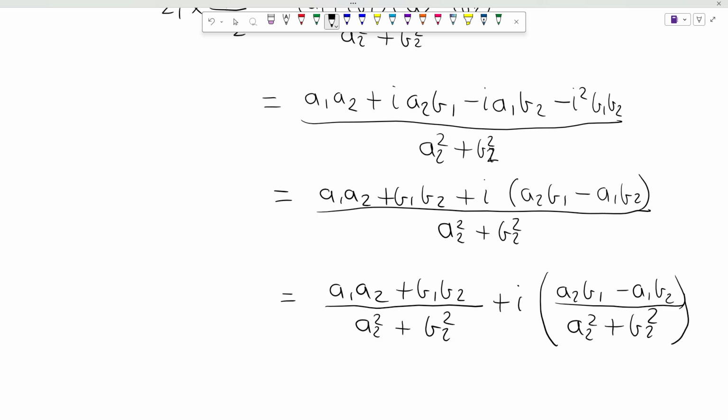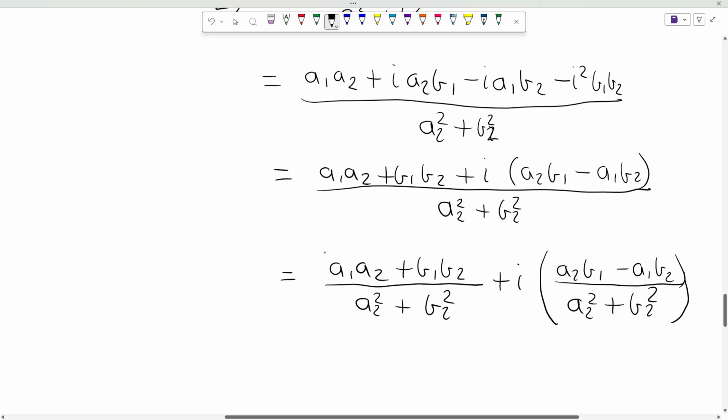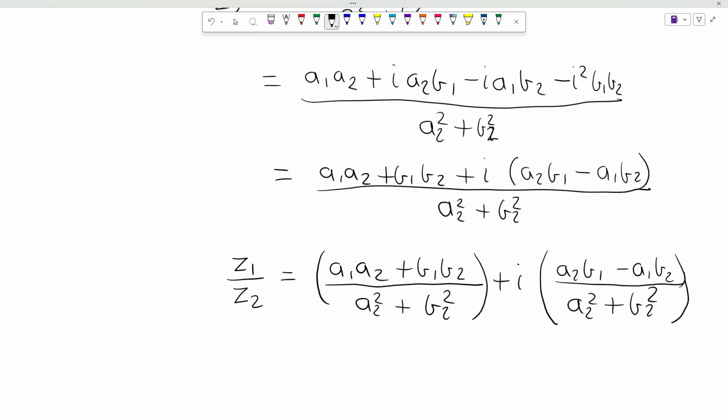Okay, so this is division of two complex numbers. So in this video we saw what are complex numbers and what are the operations of the complex number. So this is all in this video.